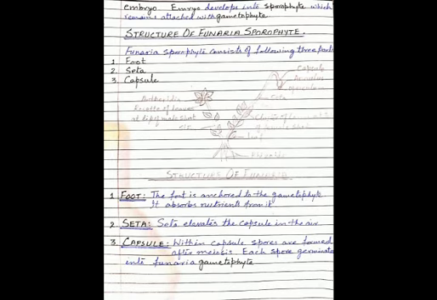Seta elevates the capsule in the air. The third point is capsule. Within capsule, spores are formed after meiosis. Each spore germinates into Funaria gametophyte.